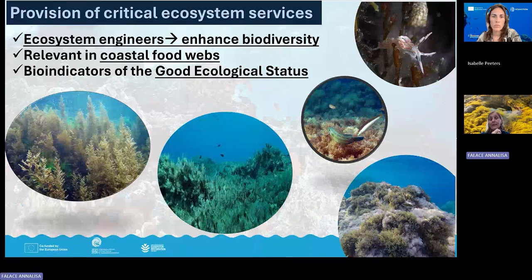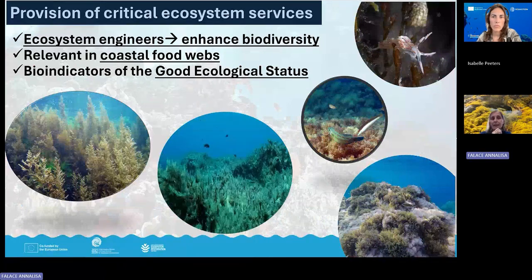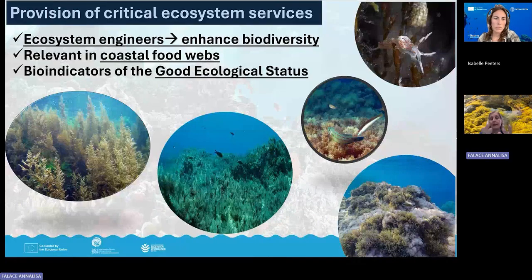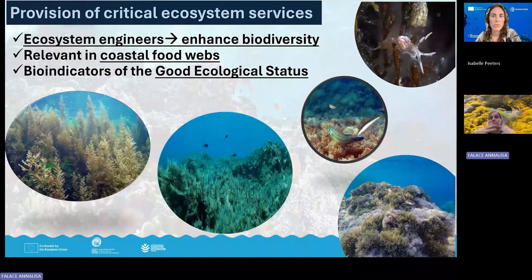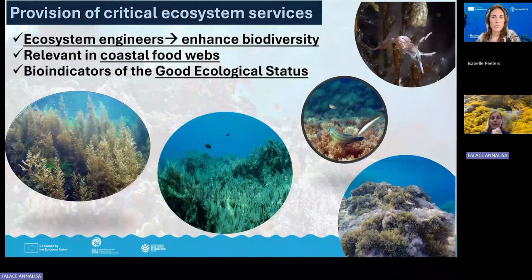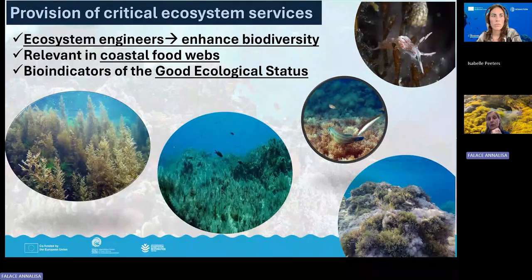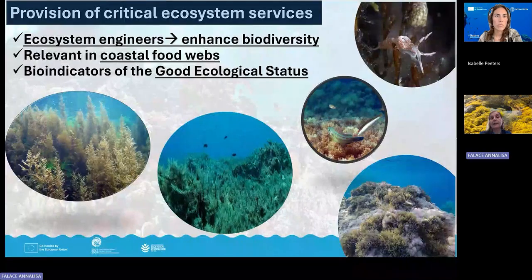Why are they so important? Because they provide several critical ecosystem services. They are canopy-forming species, also called ecosystem engineers. So they build, they bioconstruct the habitat, enhancing biodiversity.